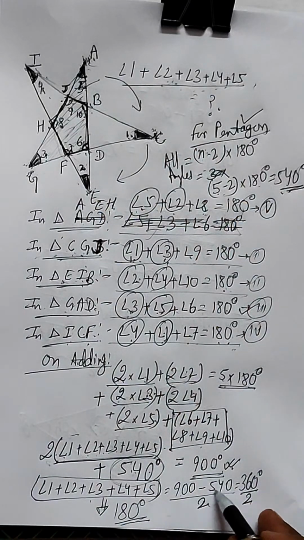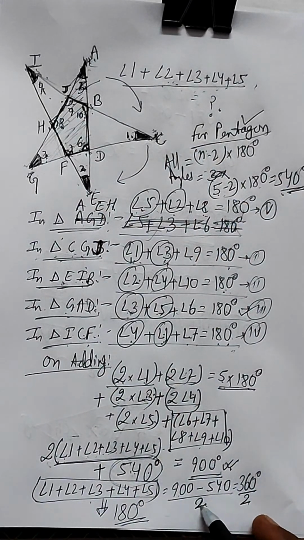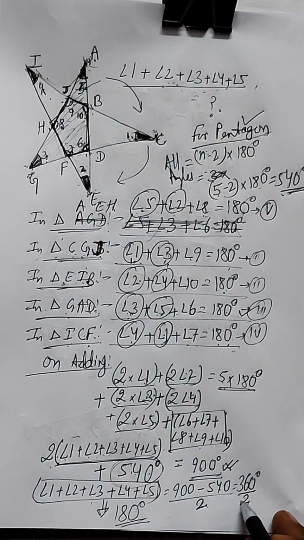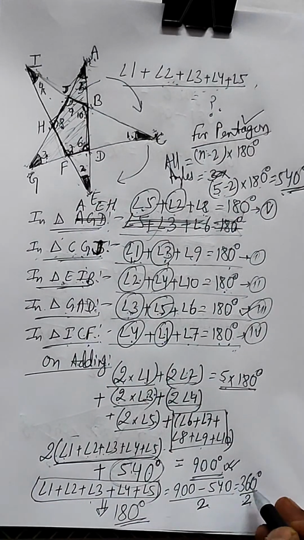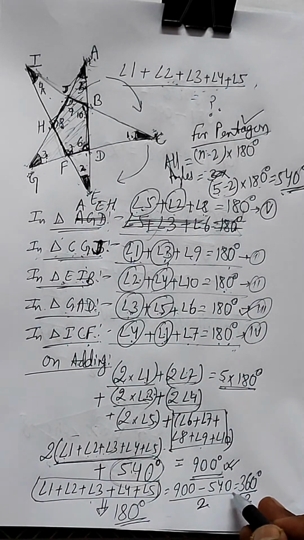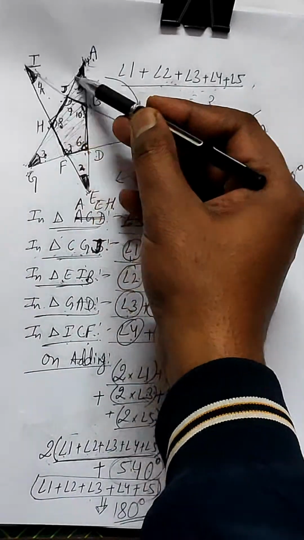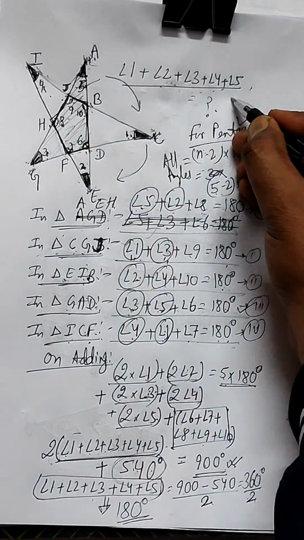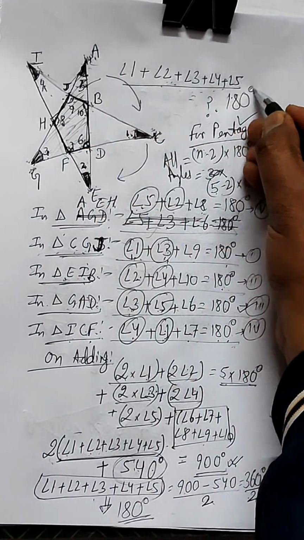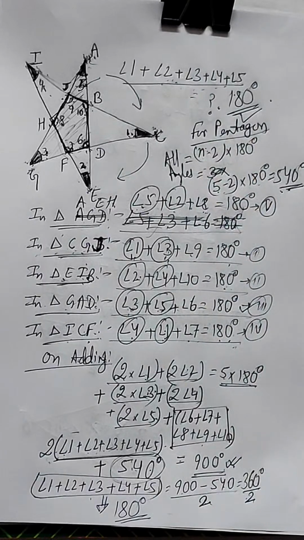So 900 minus 540 divided by 2 is 360 by 2, which is 180 degrees. So 180 degrees is the sum of angles 1, 2, 3, 4, 5. This is our answer, right?